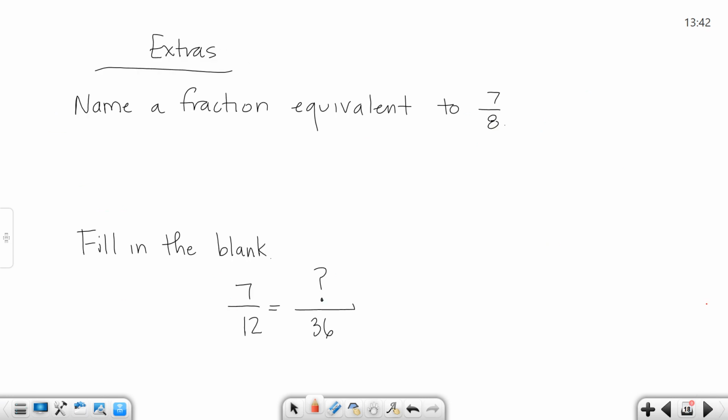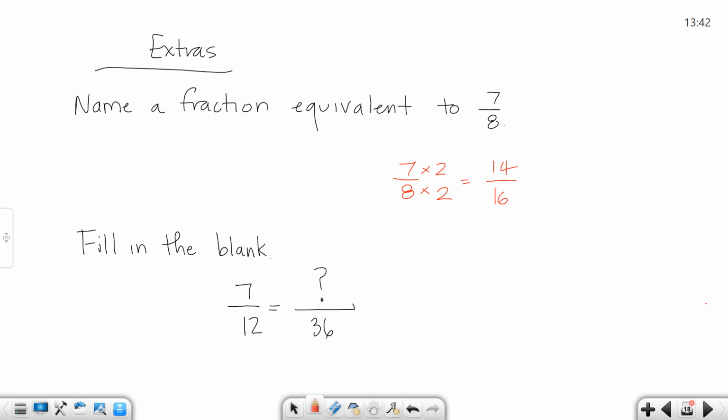Okay, name a fraction equivalent to 7/8. Okay, there's lots of different ones. This is like how we're finding a common denominator. So one of the things that you can do to find an equivalent fraction is multiply by something. So let's say I said 2. If I multiply by 2 on the bottom, I can multiply by 2 on the top. And so I could get 14/16.